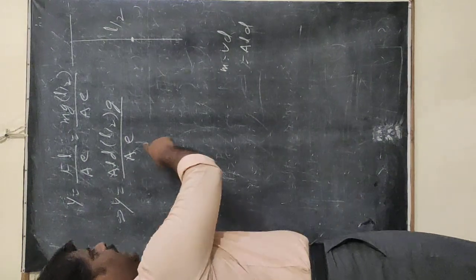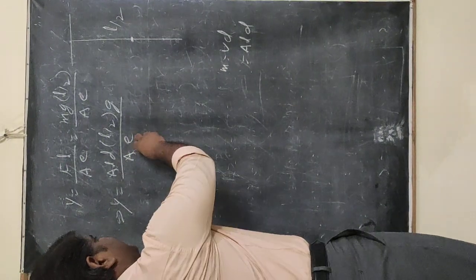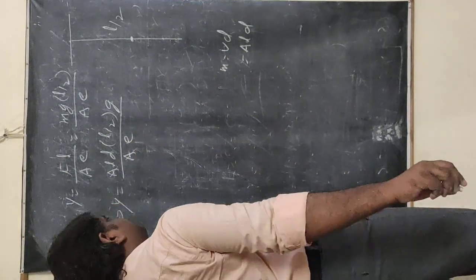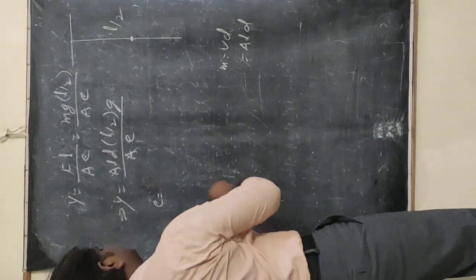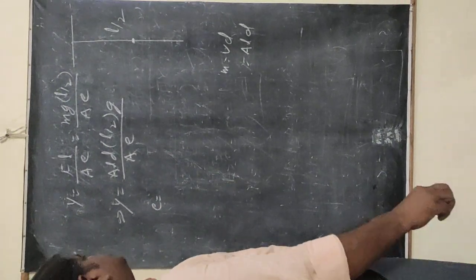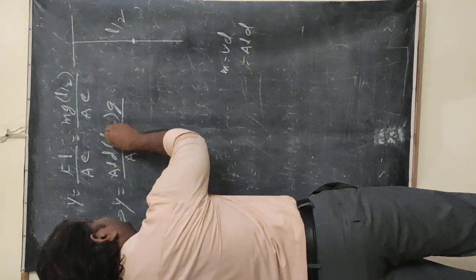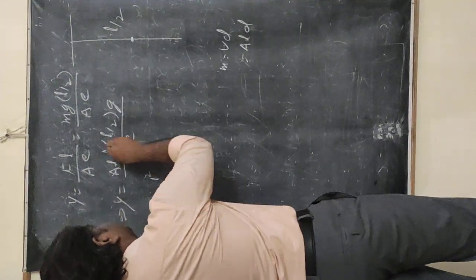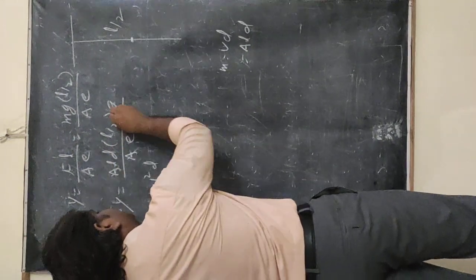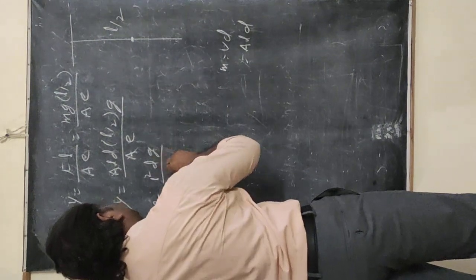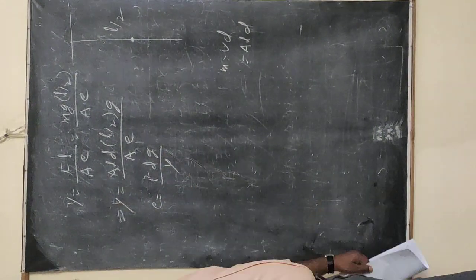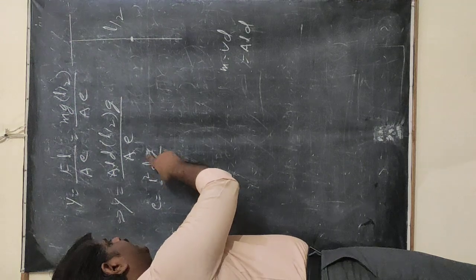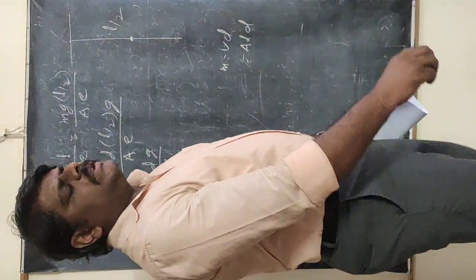Now we have to find the elongation relation. So e goes to this side and Y comes to the denominator. Then e is equal to L into L, L square, into D into g by Y. So what are the constant terms here?